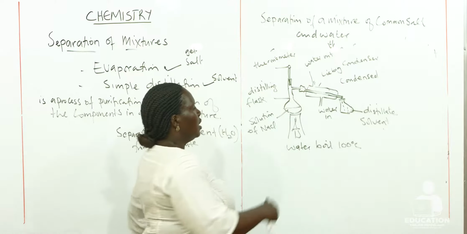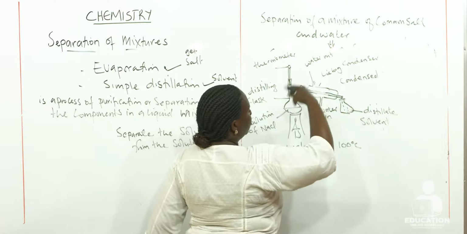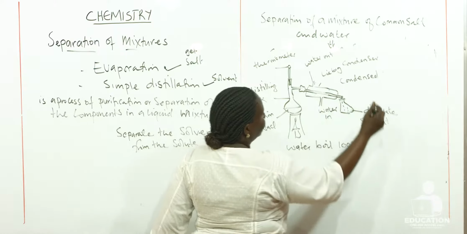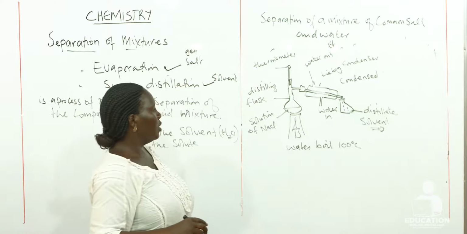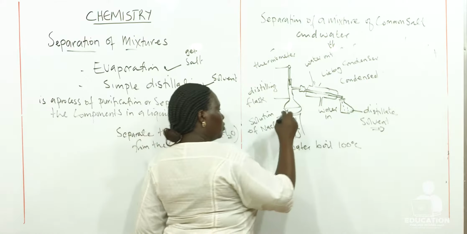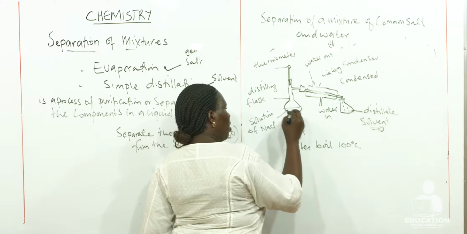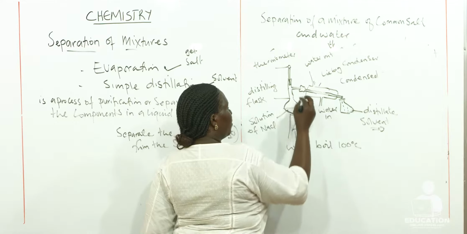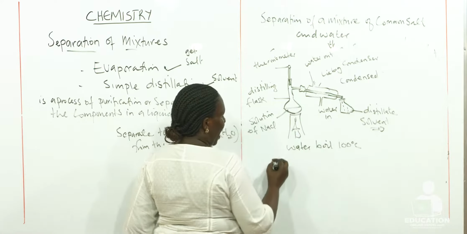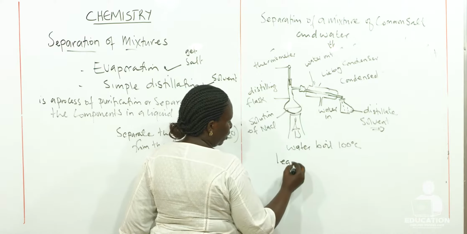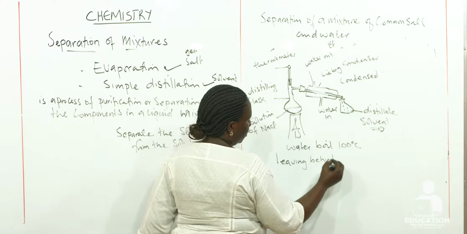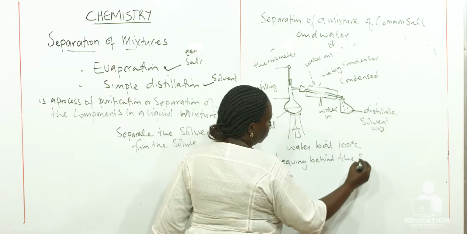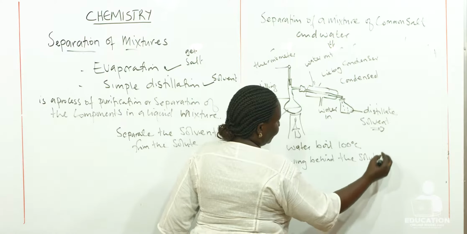The movement of water will continue until all the distillate is collected. And this solution here will continue to boil until all the water evaporates, leaving behind the solute, that is the salt.